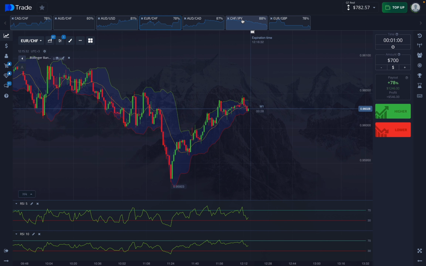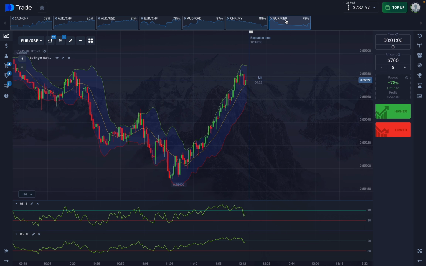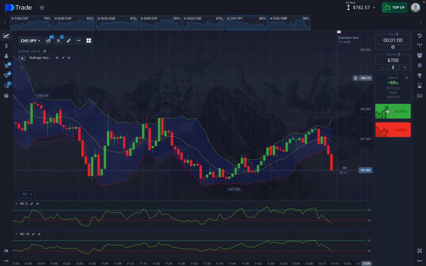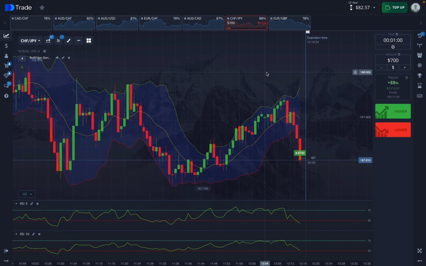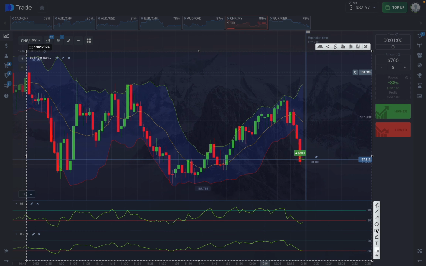We also have a relatively good entry point here, which I can firstly record, is the indicators of our two oscillators. Both touch the oversold area.